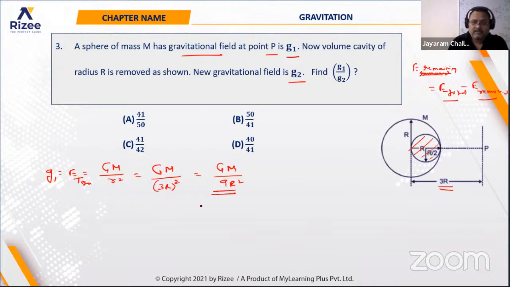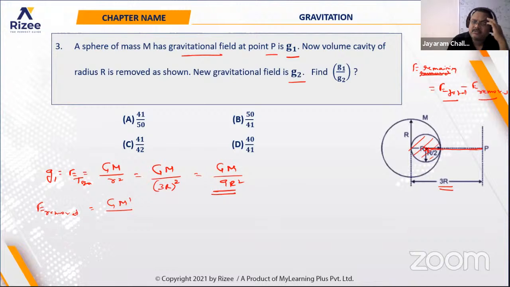So we have got the total with us. Now, how do you find the E removed? It is G into the removed mass, that is m dash, by its distance from the removed center to the point P. What is this distance?